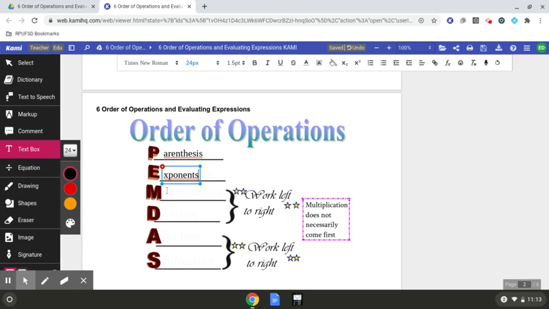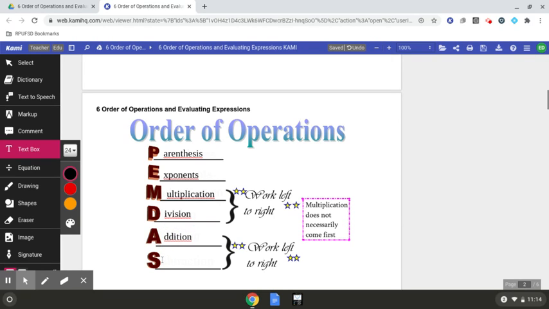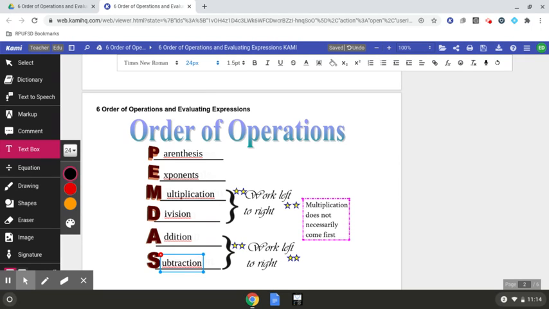Then we have multiplication and then division. With multiplication and division, it's important to understand that we work left to right, which you'll see today. The same thing happens with addition and subtraction. We work left to right. So this is addition, and then this is subtraction. Again, this was already filled in your notebooks, so you don't have to do any writing here.